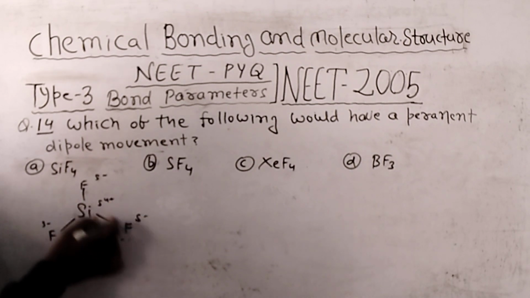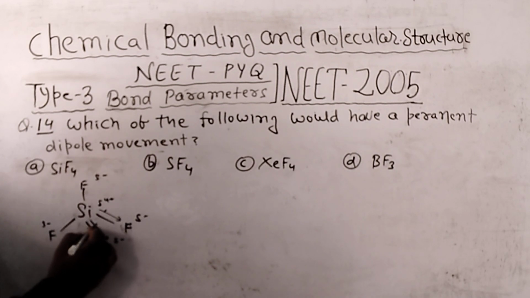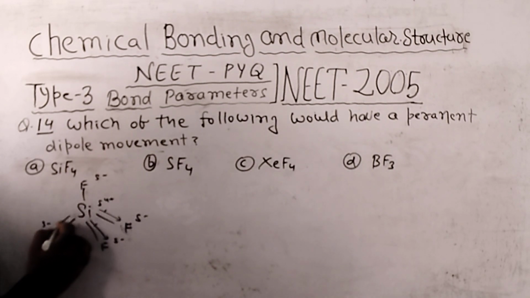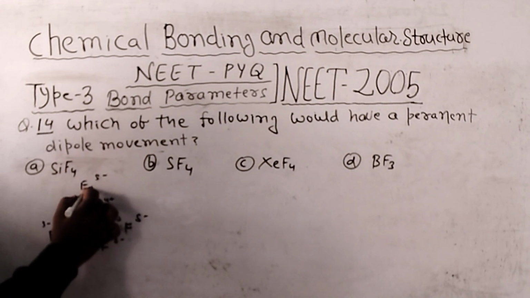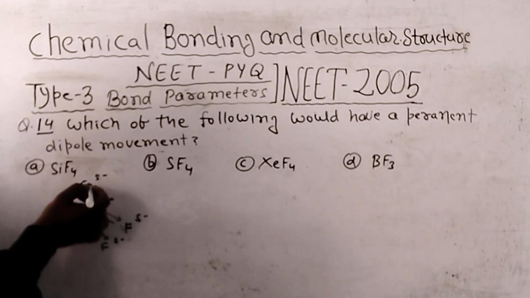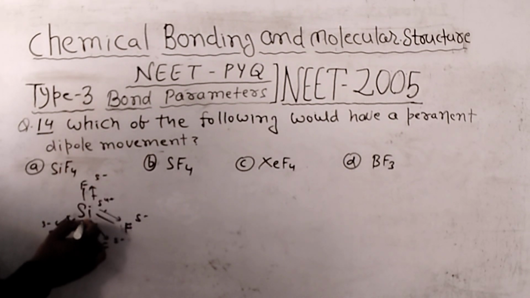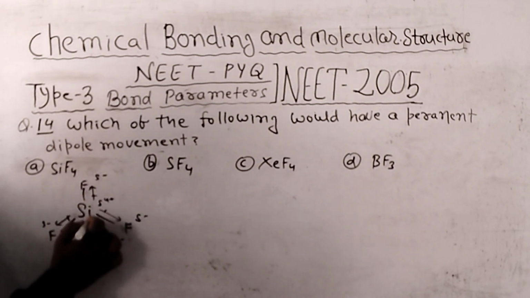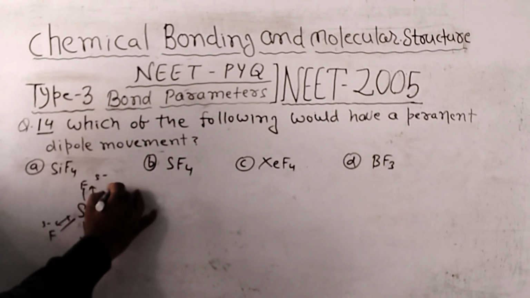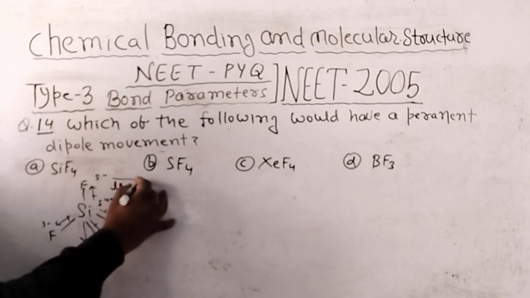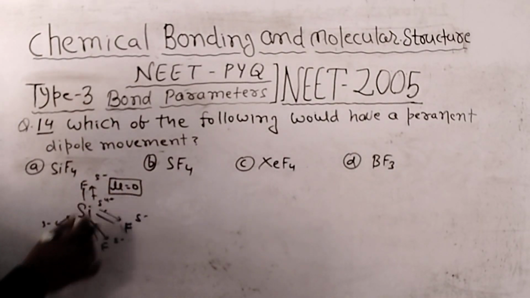The direction of dipole is positive to negative for each bond. So the resultant is cancelled, mu is equal to 0, no dipole is here.